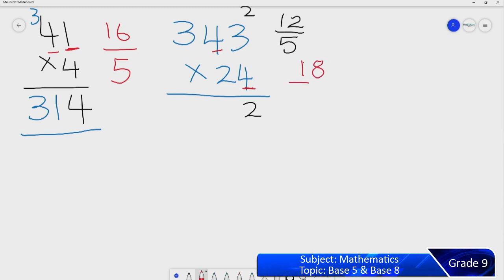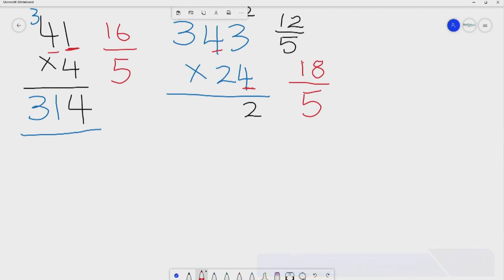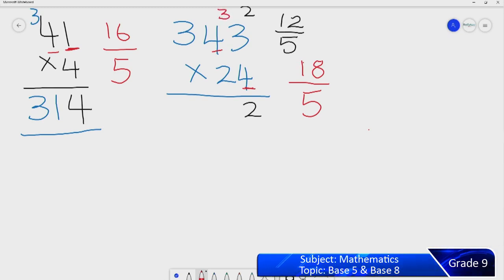So you write 18 divided by 5. 5 could go into 18 3 times. So we make a note of it. How much do we have remaining? We have 3 remaining. So we write that in.